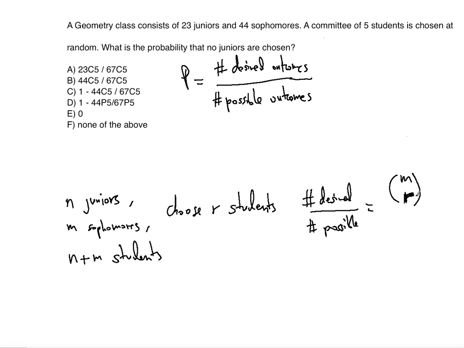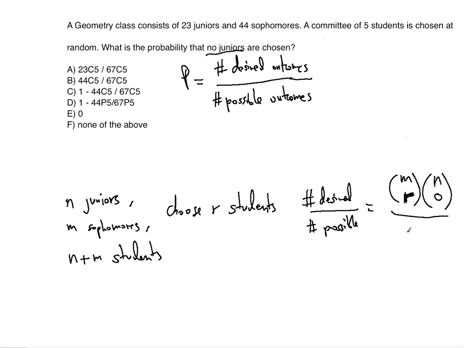And we're going to multiply it by choosing 0 juniors from n students, right? Because there are n juniors, but we want no juniors, as it says in the problem. So we have to choose 0 students from the group of n juniors, okay?